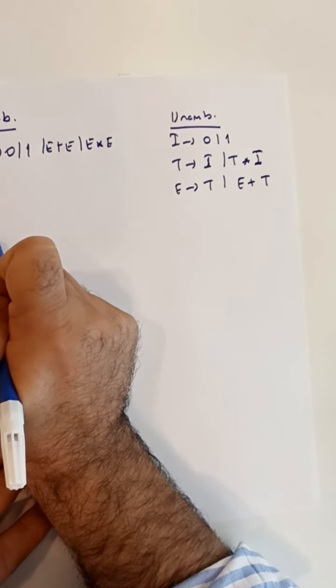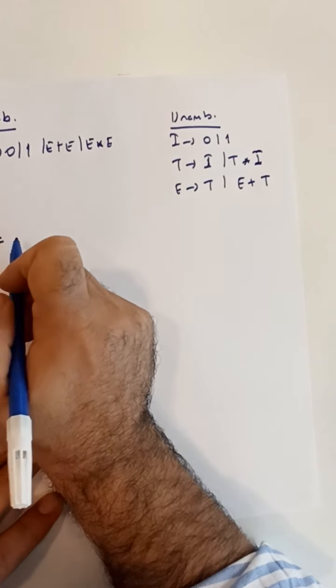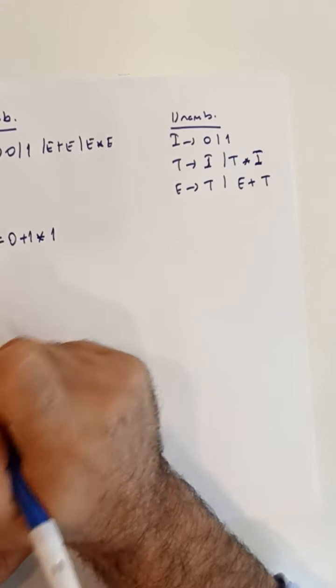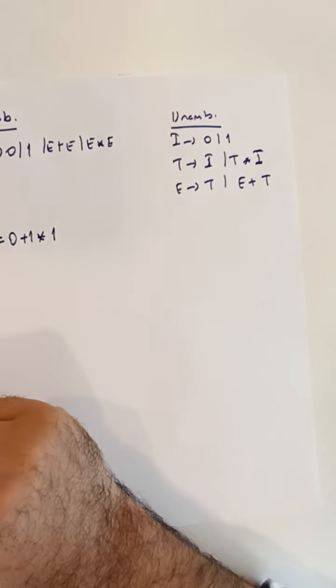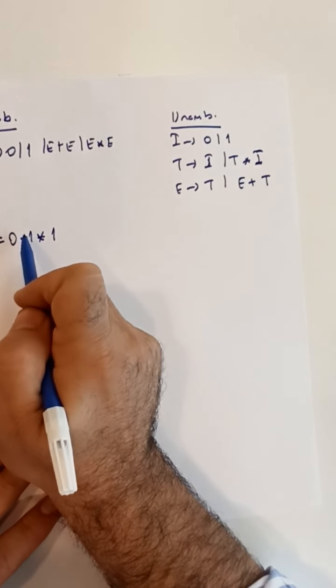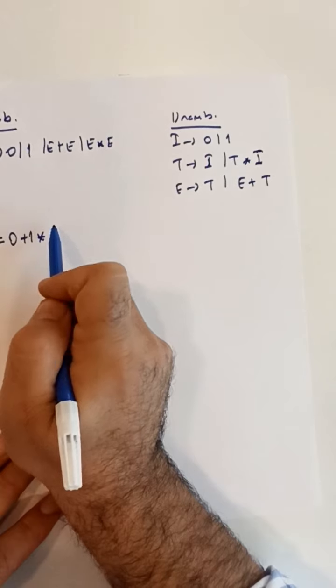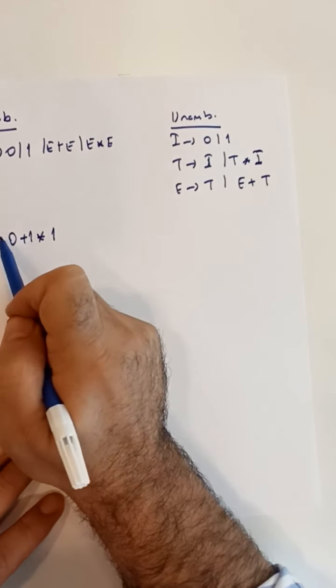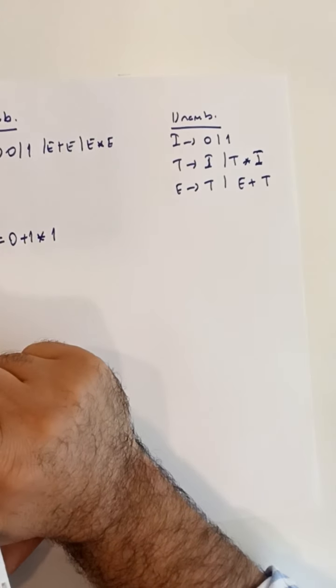Our first string was w equals 0 plus 1 times 1. Remember, for this string we could have different derivations with the ambiguous grammar. We may first execute plus and then execute multiplication, or first execute the multiplication and then the addition.